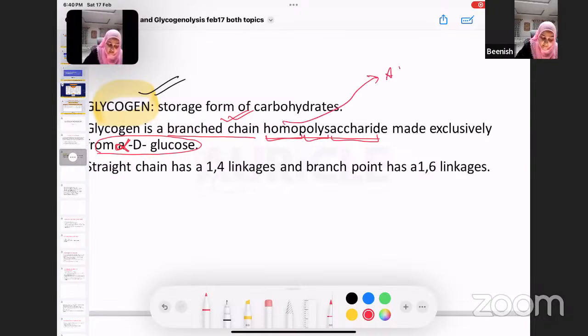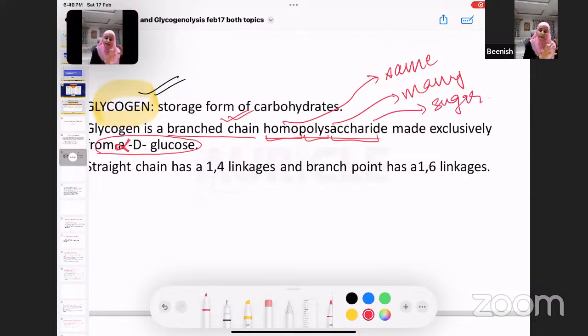Homo means same, poly means many, and saccharide is your sugar. So when many same sugar units are joined together, they form a polymer which is known as glycogen. And in this case, this repeating unit is alpha D glucose.